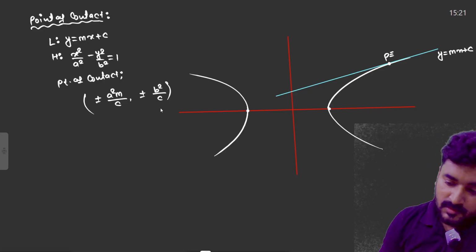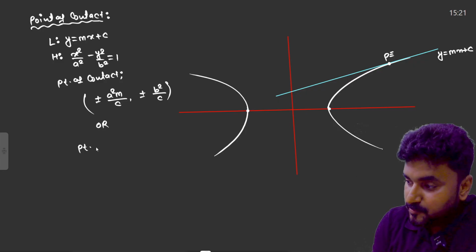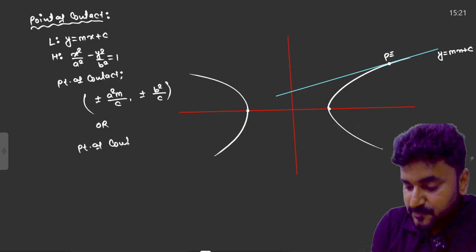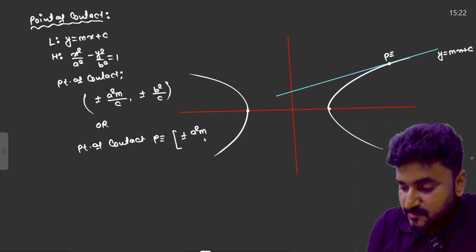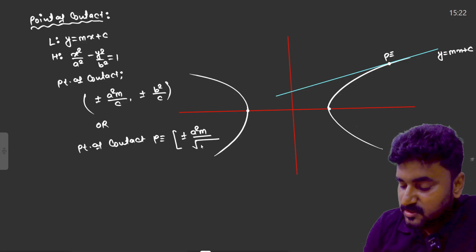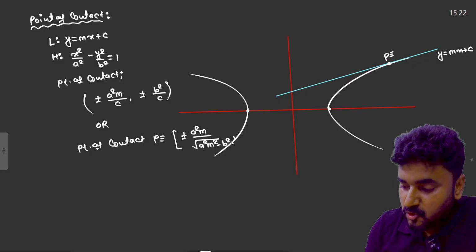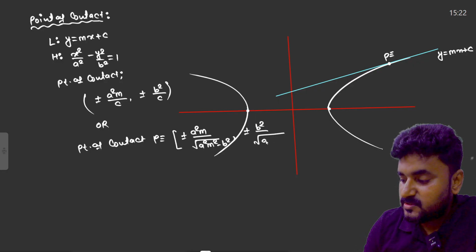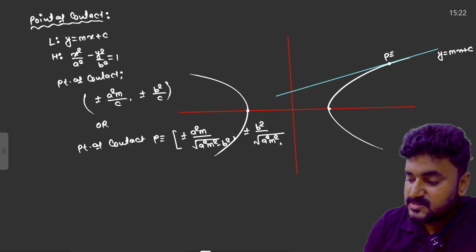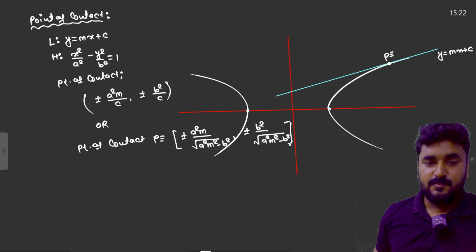Or you can write the point of contact P as plus minus a square m by the root of a square m square minus b square, comma plus minus b square by the root of a square m square minus b square. So this is your point of contact for the hyperbola.